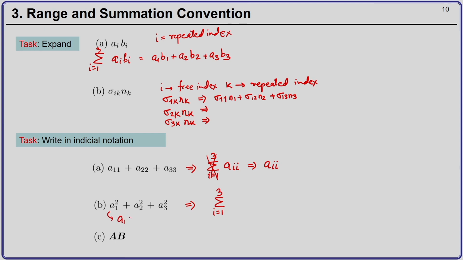Here we have been given power 2, so this expression is nothing but a_1 into a_1 plus a_2 into a_2 plus a_3 into a_3. So, I can write this as a_i into a_i.